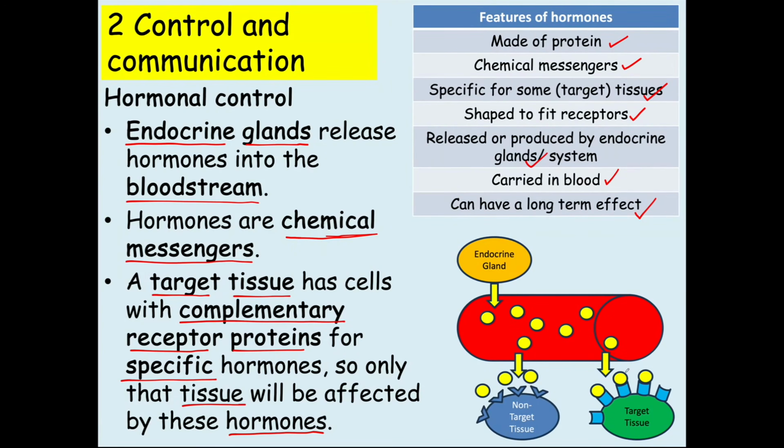Whereas further along here, when it arrives at this tissue, you can see that the hormone is complementary to the target tissue's receptor proteins here. And so they bind to those receptor proteins and initiate a response within the target tissue. Okay, so the target tissue has complementary receptor proteins, which are for specific hormones, so that only that tissue will be affected by the hormones that are released.